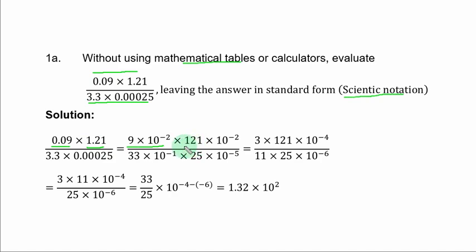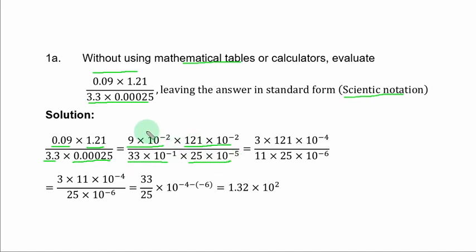So you have 121 times 10 to the power of minus 2. In the denominator, you move the point from 3.3 once. So you have 33 times 10 to the power of minus 1. And the second number there, you move the point about 5 times. So you have 25 times 10 to the power of minus 5.